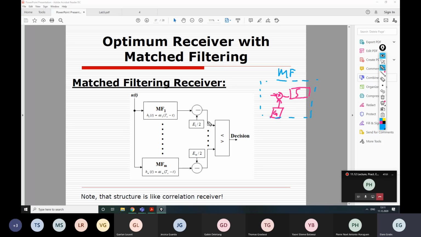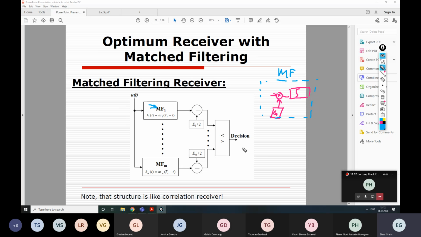Consequently, it can be seen that we no longer need to generate these signals. They are put into our filters and are stored there. So we only design these filters once and no longer have to generate these signals at the receiver side. In general, energies of our signals can be different, and that's why we need to center these signals around 0.